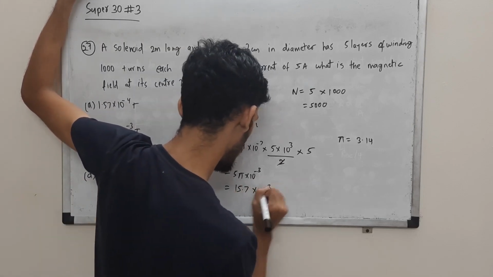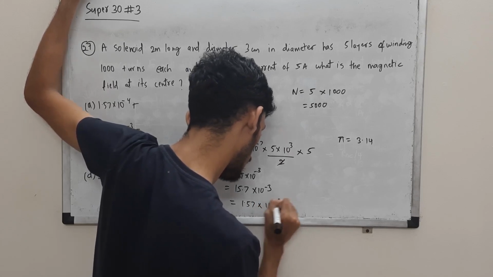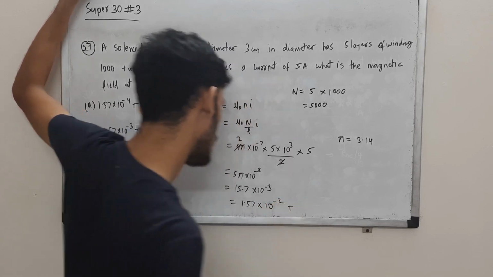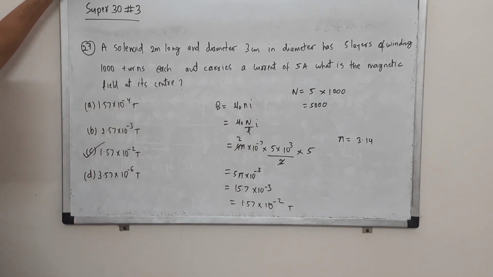Into 10 to the power minus 3, or in scientific form, 1.57 into 10 to the power minus 2, which is option C. So option C is the correct choice.